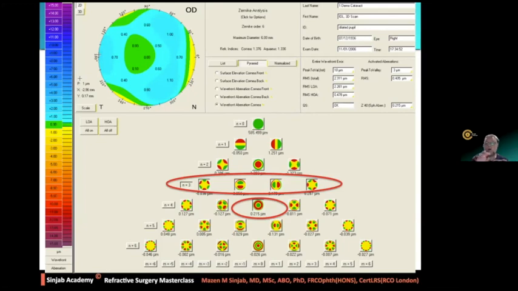We click them on, all right? Now, then we have 2 numbers to look at. The first one is the RMS. This RMS is for those 5 higher order aberrations, because we click them on and all others are off.